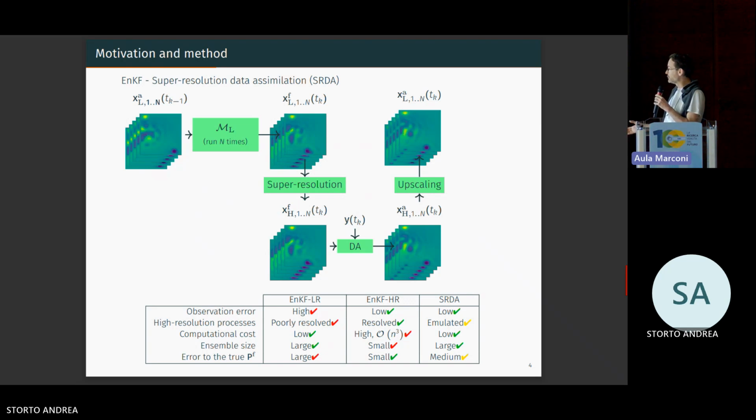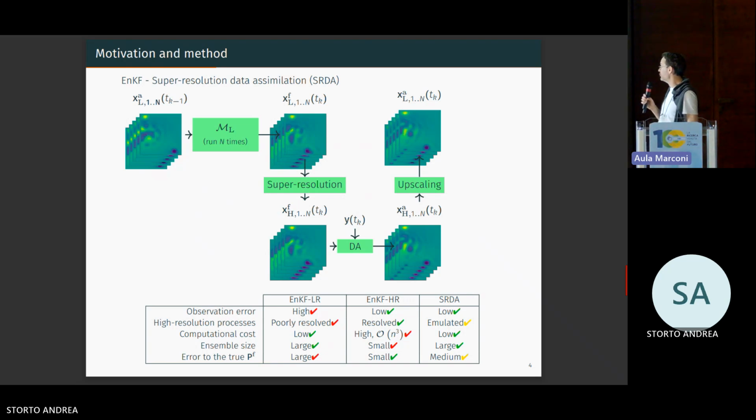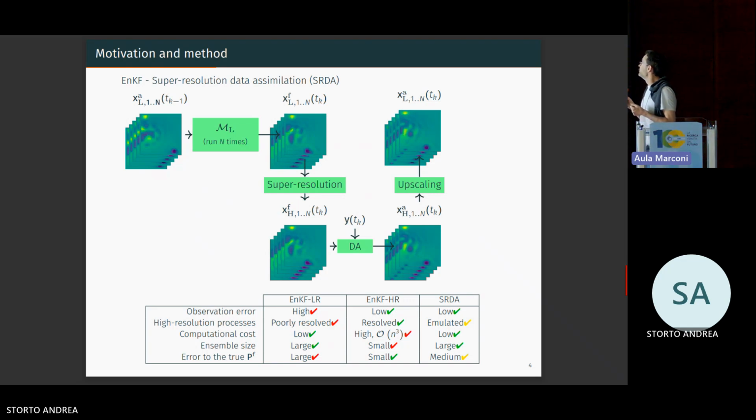So the term super resolution simply means that we increase the resolution of the members. In this case, the computational cost of the method is low, which allows, again, for a larger ensemble size. The high-resolution processes are emulated, which allows us to limit the error relative to the true covariance.